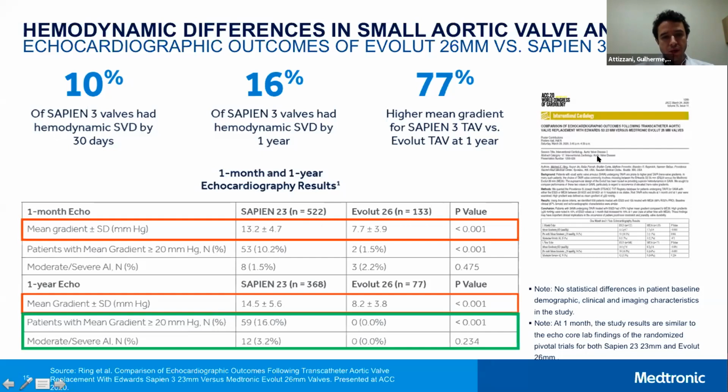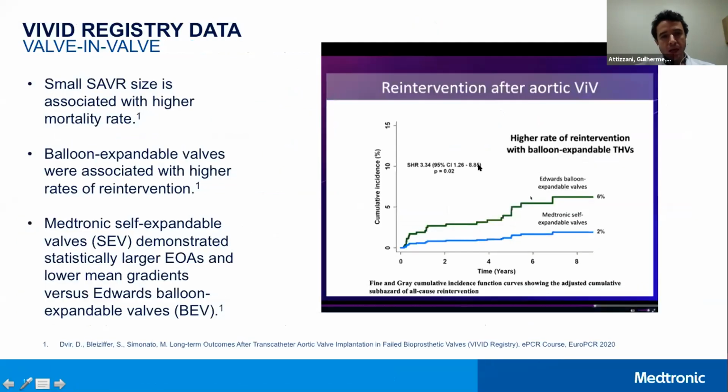At the 1-year echo, we can see that the mean gradients were lower. And when we look at the definition for structural valve deterioration, you can see that it happens much more often with the SAPIEN valve. 16% of the SAPIEN valves had SVD by 1 year, and no Medtronic valves, no EVOLUT valves, had that.